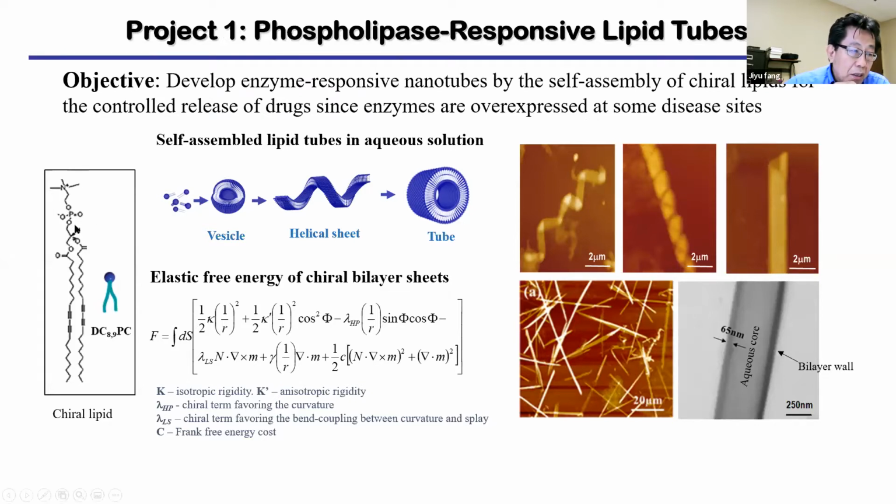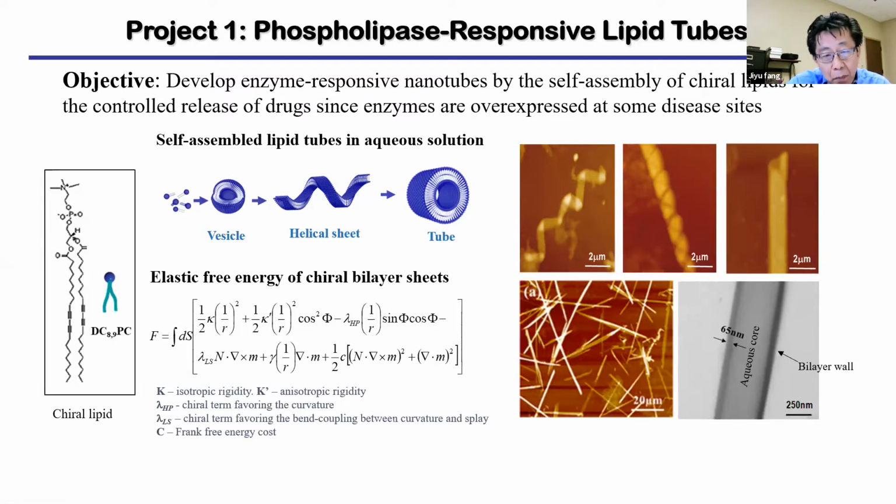And here is the lipid, which contains one chiral center and two hydrophobic tails. We found that this lipid can self-assemble into a vesicle, a spherical vesicle. However, if we lower the temperature, the vesicle can convert to helical tubules and eventually lead to the formation of the lipid tubule.